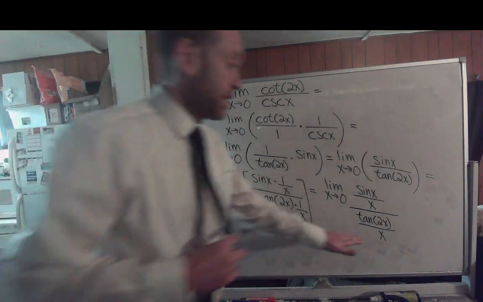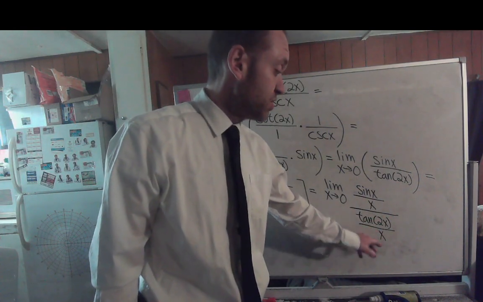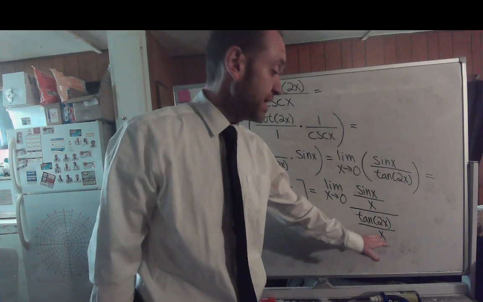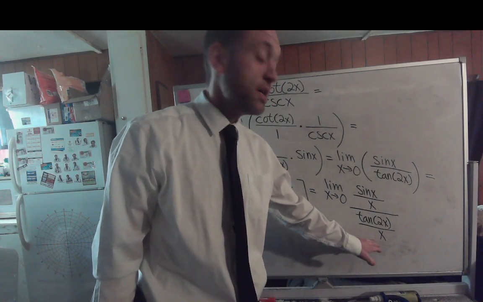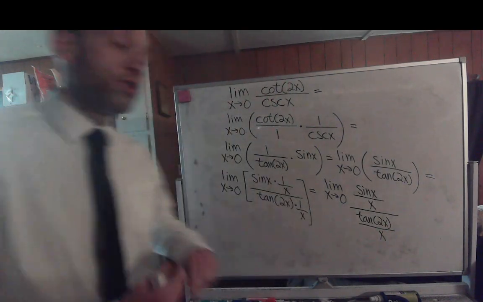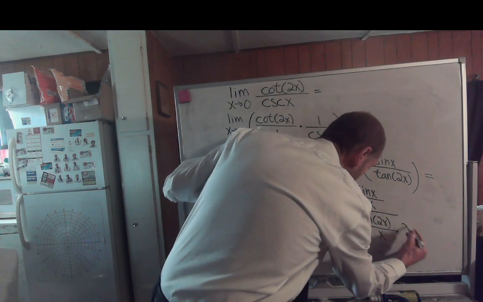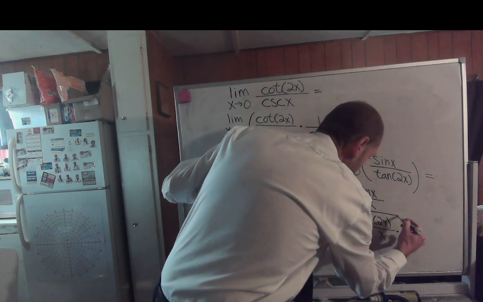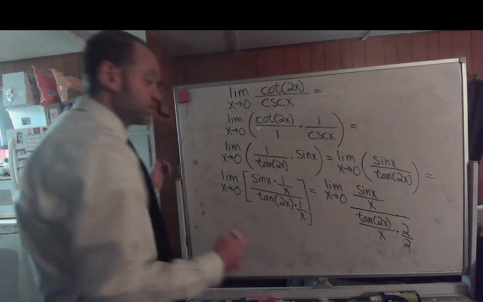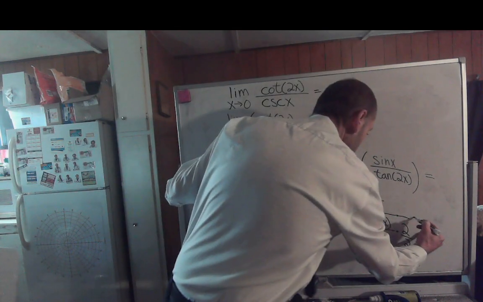We're almost there. The only problem is, in the denominator, you have tangent of 2x divided by x. That x should become a 2x. So really and truly, we should multiply that denominator by 2 over 2. And we still haven't changed the value of the function because 2 over 2 is 1. We're just trying to convert that into a 2x. So let's see what we really get now.